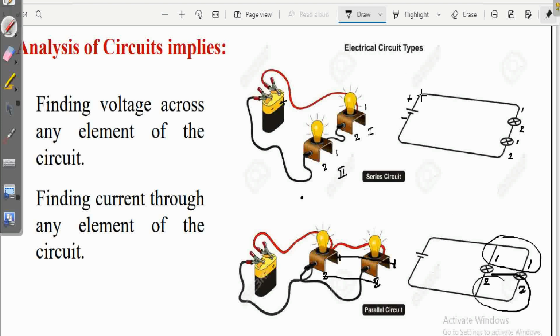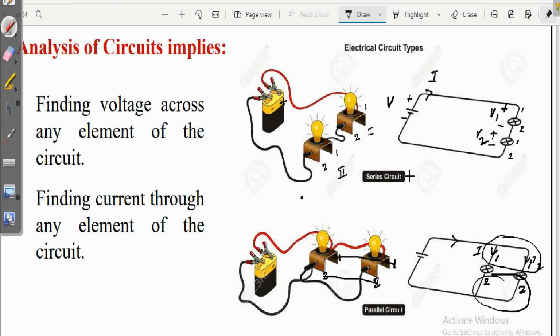What happens if current I flows? In series, the same amount of current flows through the first bulb and the second bulb. The voltage is divided as V1 and V2.